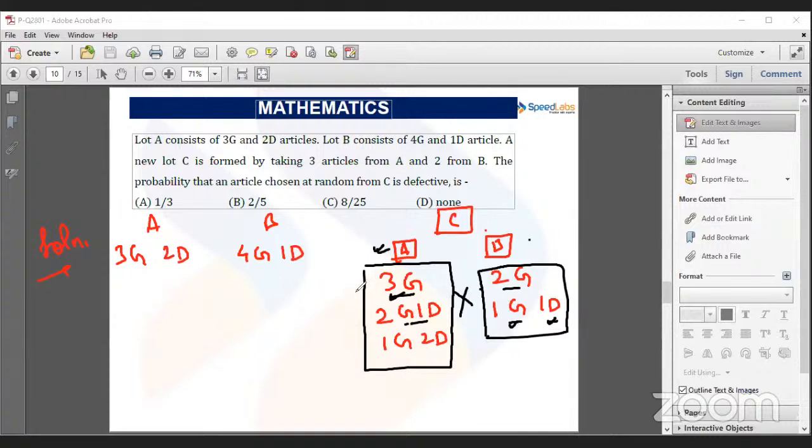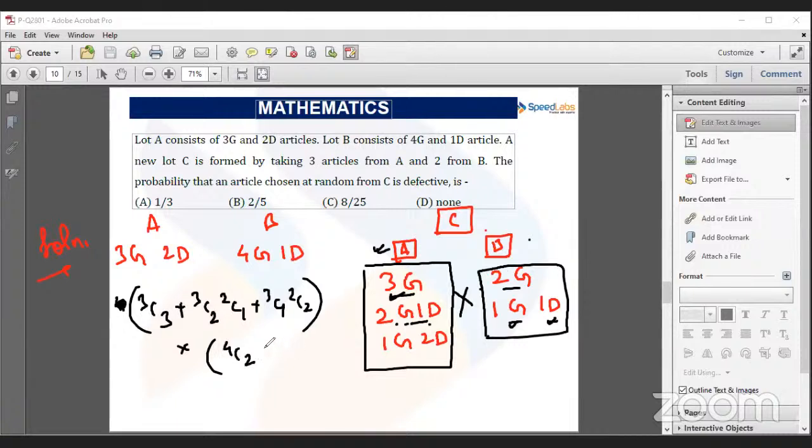So the ways of choosing 3 good will be 3C3, plus the ways of choosing 2 good 1 defective will be 3C2 2C1, plus 3C1 2C2, into 4C2 plus 4C1 into 1C1. This is the total ways of choosing 5 articles for C. That would be your denominator. These many ways will be there of lot C being formed.